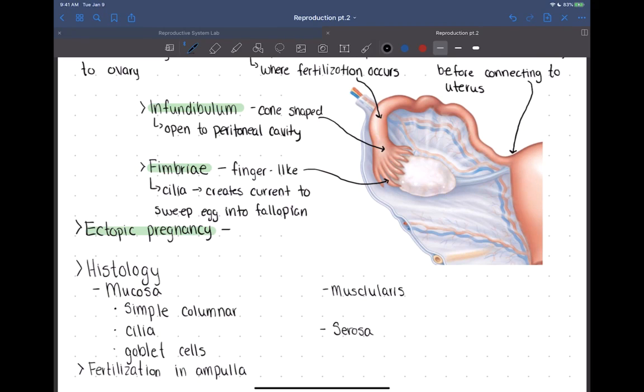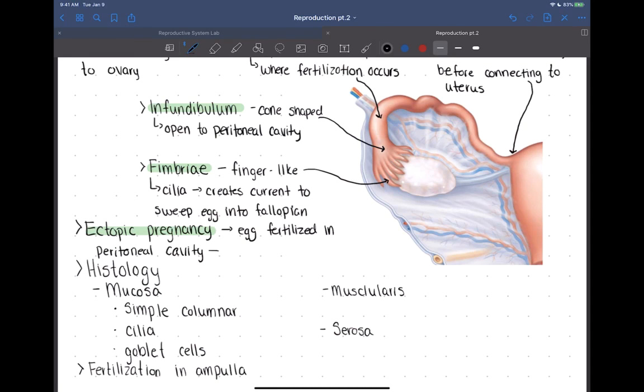This would be when the egg is fertilized in the peritoneal cavity. That is possible because the fallopian tube does not form a direct connection over that ovary, so an egg can be ovulated and move into the peritoneal cavity.